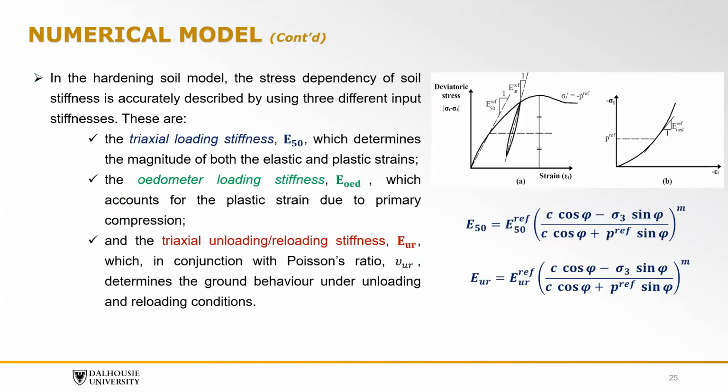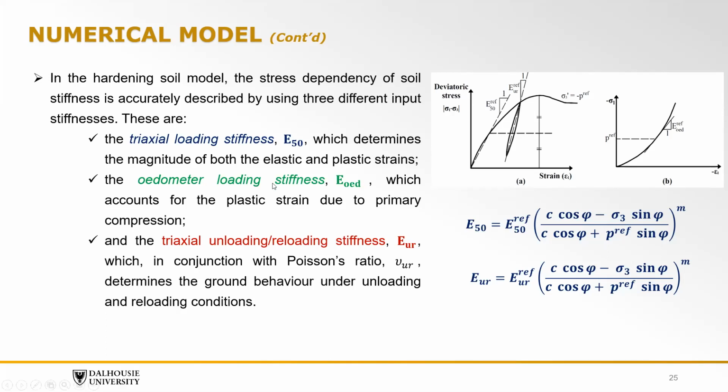Okay. The second model is the hardening soil model, which is suitable for this kind of loading, especially because it has three different stiffnesses. One stiffness, E50, represents the triaxial loading stiffness, which we're going to use to determine the magnitude of both the elastic and the plastic strains.